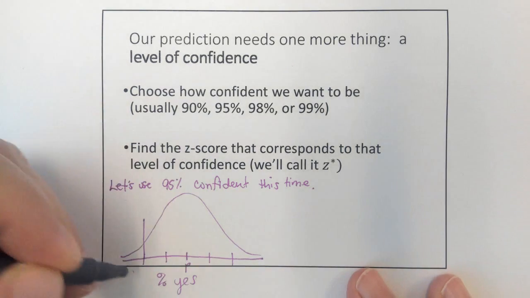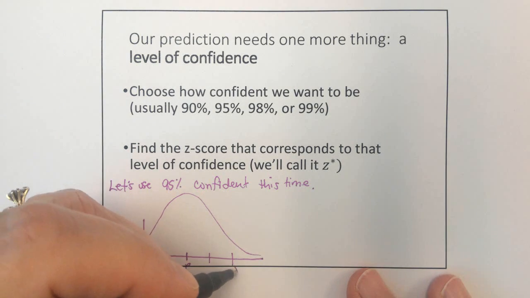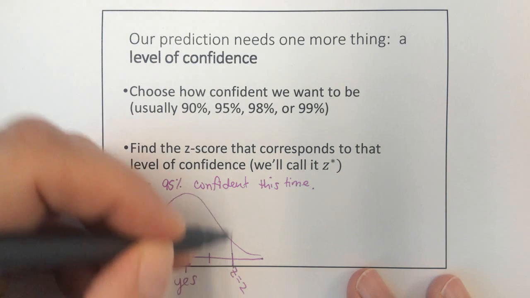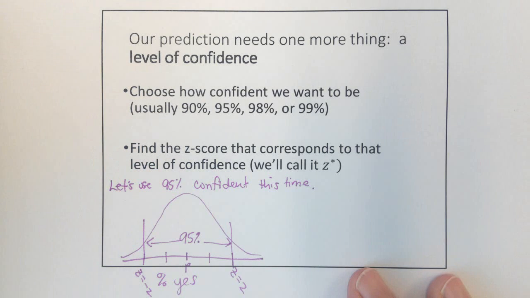Because I know that between negative 2 standard deviations below the mean and positive 2 standard deviations above the mean lies 95% of all possible samples. I'm 95% sure that my sample is within 2 standard deviations of the truth. That's kind of what I'm getting at. That's pretty confident, by the way.